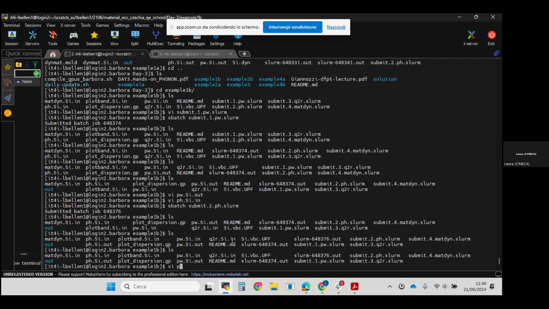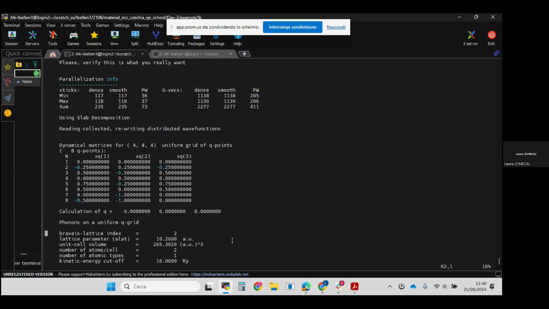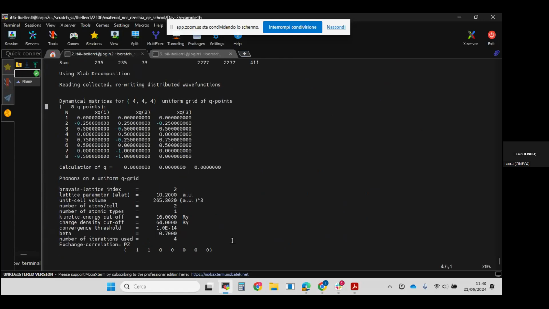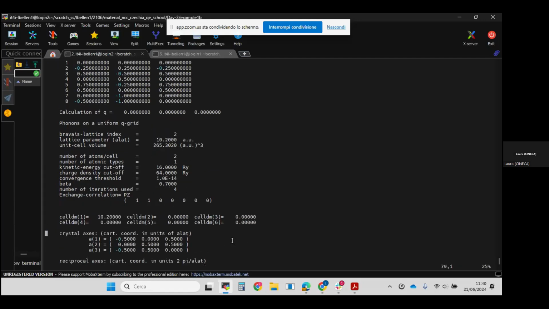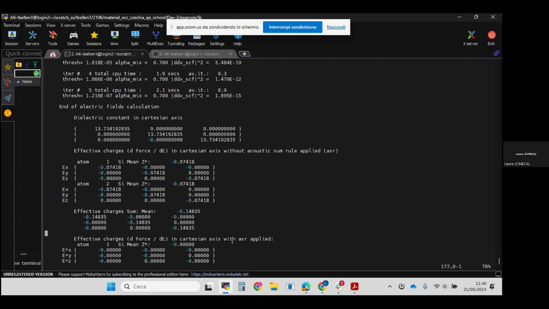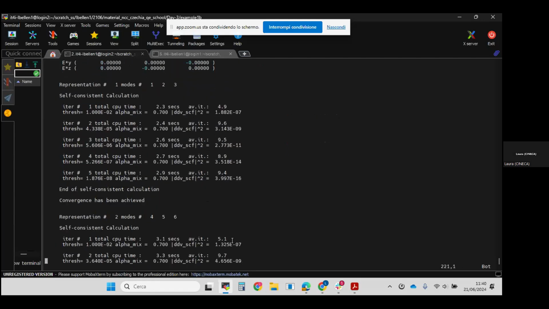If we inspect the output, here at the very beginning, the log file tells us that it is computing the dynamical matrices for a uniform grid of Q points, 4 4 4 in each direction, which corresponds to 8 non-equivalent Q points.